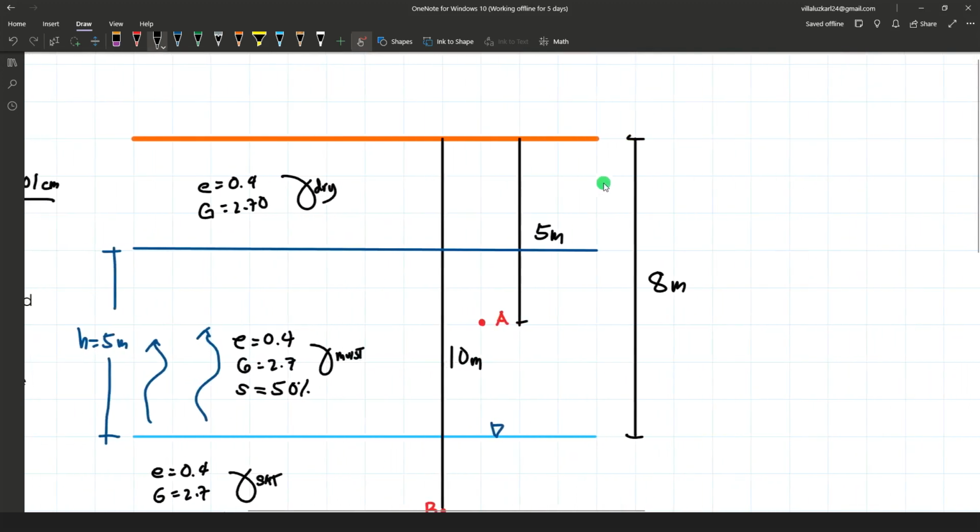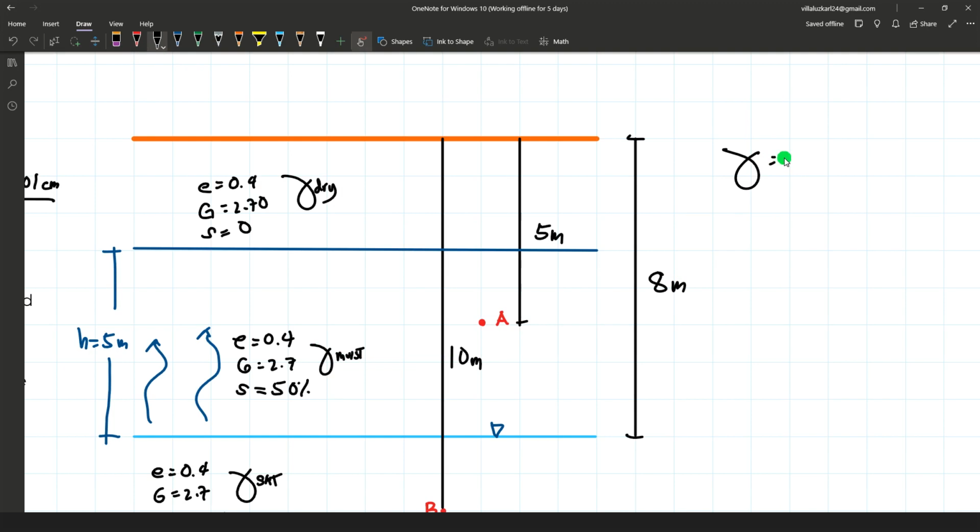So from the given degree of saturation for dry, the degree of saturation for that is 0. Now, how to determine the dry unit weight, moist unit weight, and saturated unit weight of the soil?